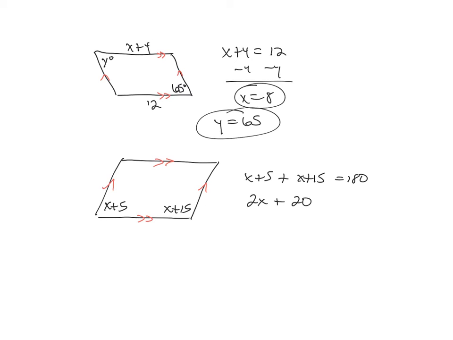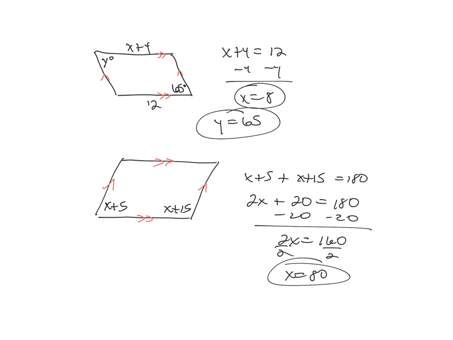So if I combine like terms, subtract 20 from both sides, x equals 80. So a problem like that might be the longest one just because the equation's a little bit longer. Okay, but it should be pretty straightforward. Nothing too wild or crazy, okay?